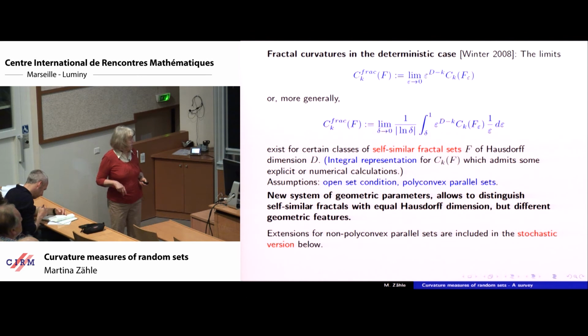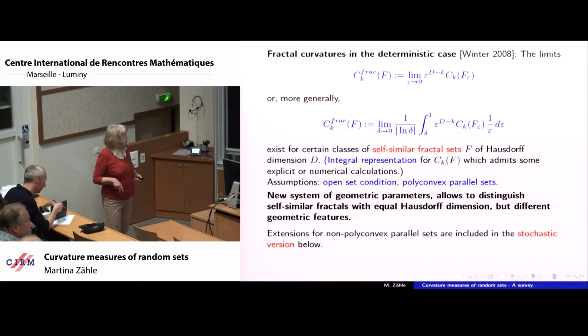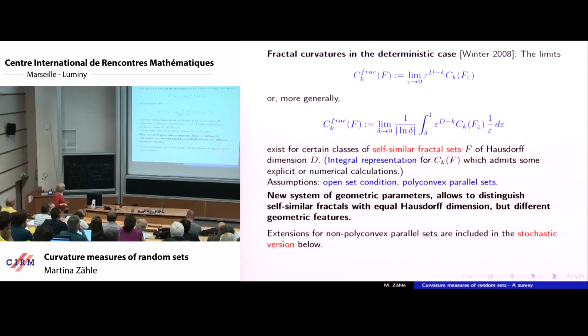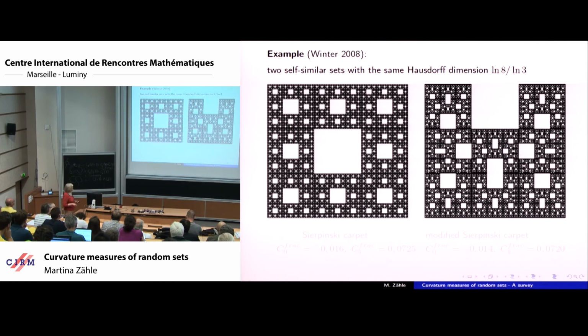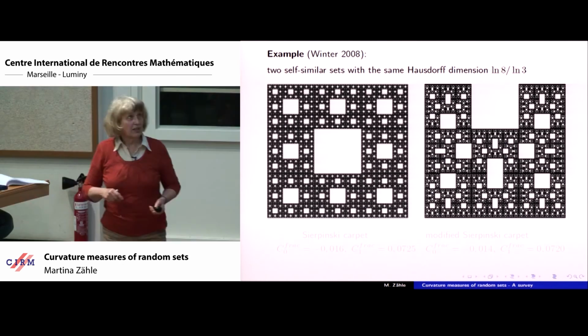And I will briefly present this approach just in the slide after the next one. And there are also stochastic applications. We can consider a stochastic model, and I will give some details on the stochastic model. It's the following. But first, I would like to present some results of Stefan.